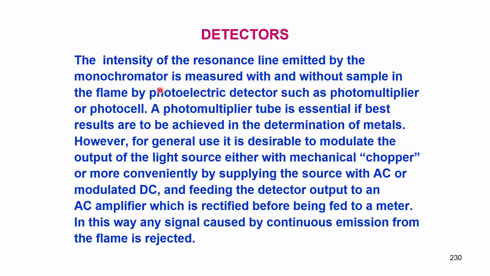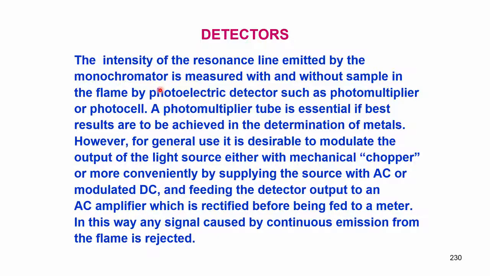A photomultiplier tube is essential if best results are to be achieved in the determination of metals. Nowadays people use diode array detectors also.